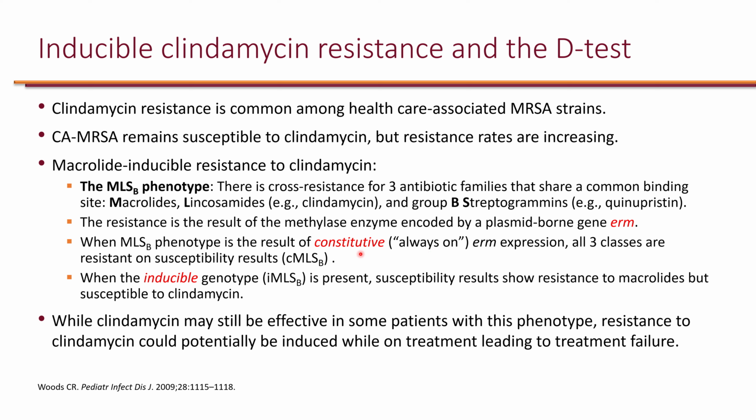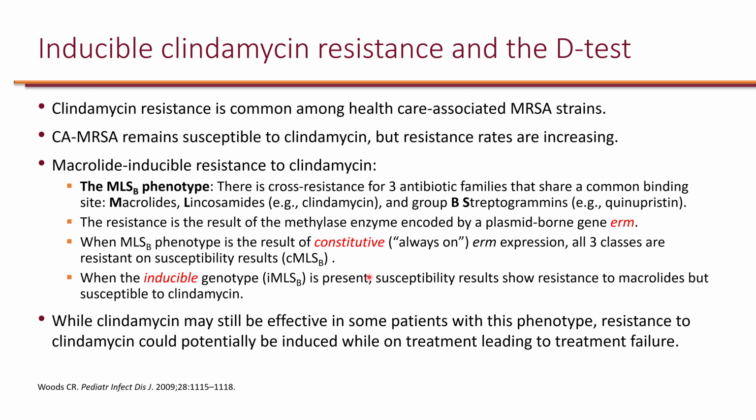So we call that constitutive expression of the gene. So if it's always on, when you get your susceptibility results back, you will see that Staphylococcus aureus is resistant to erythromycin and clindamycin, and of course quinupristin, which we don't really test since we don't use it clinically due to a lot of adverse effects.